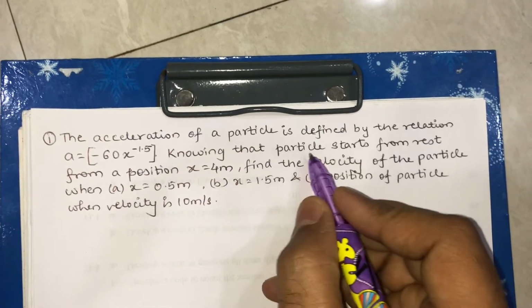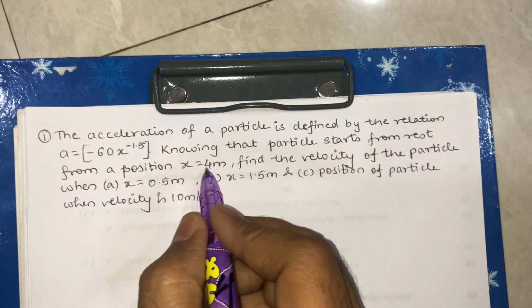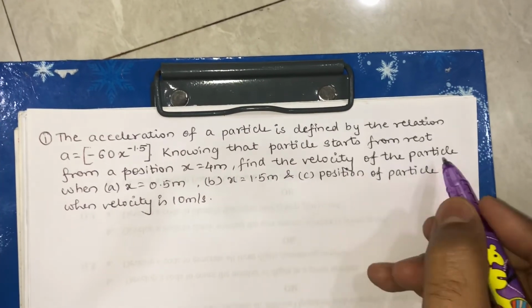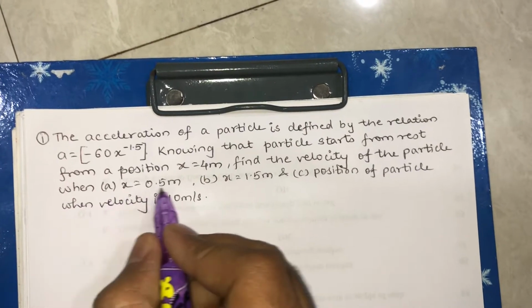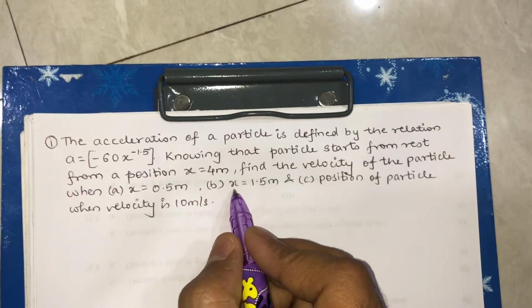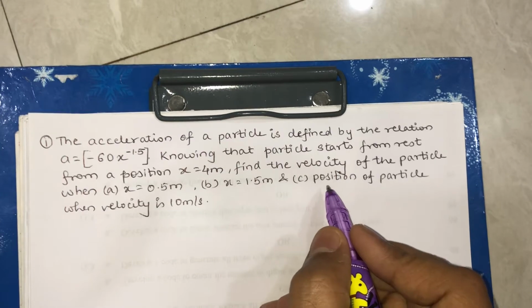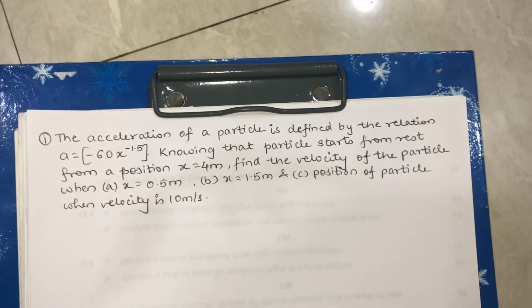Knowing that the particle starts from rest from a position x equals 4 meters, find the velocity of the particle when, first, x equals 0.5 meter, second, x equals 1.5 meters, and third, the position of the particle when the velocity is 10 meters per second.